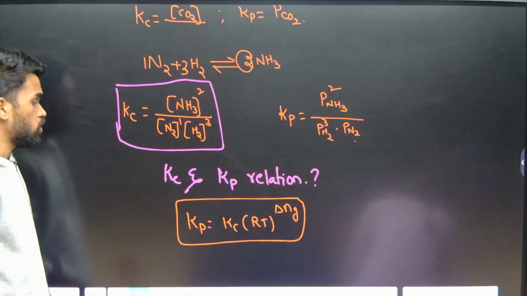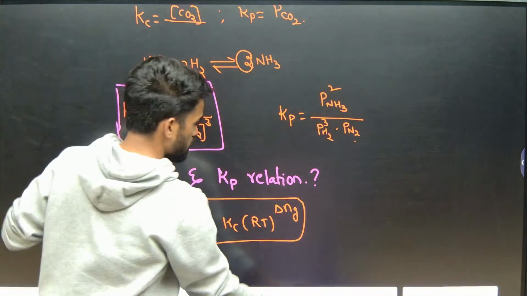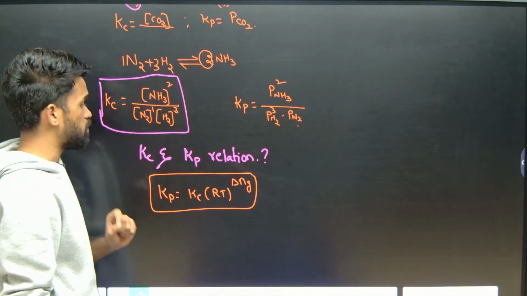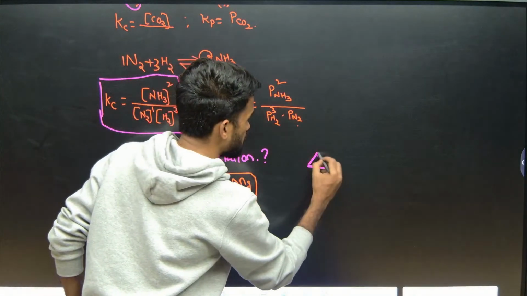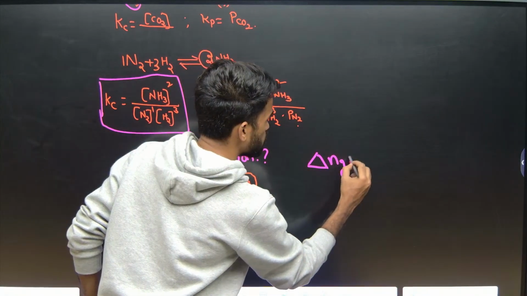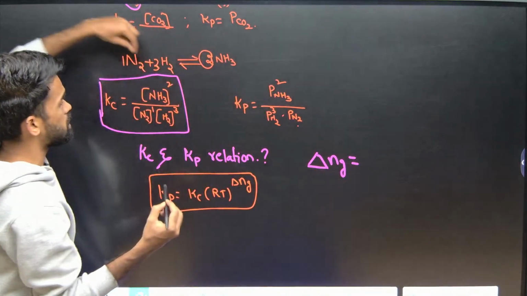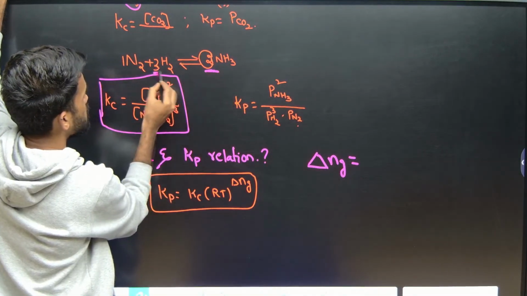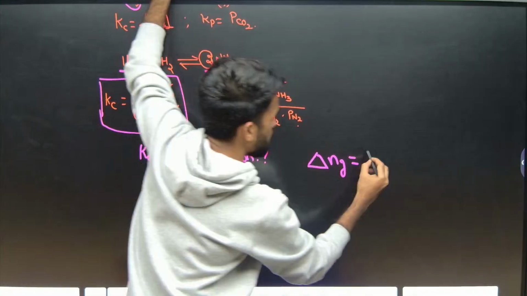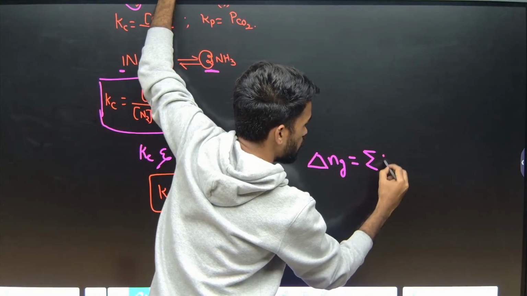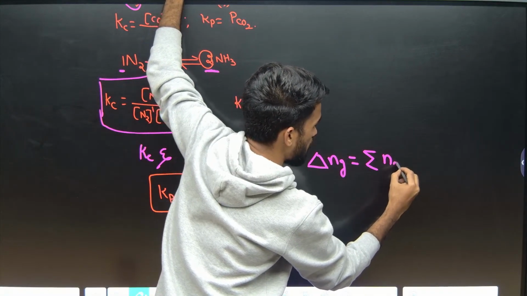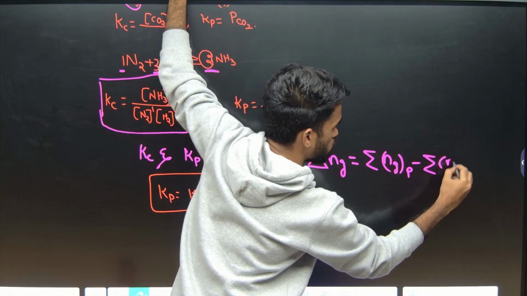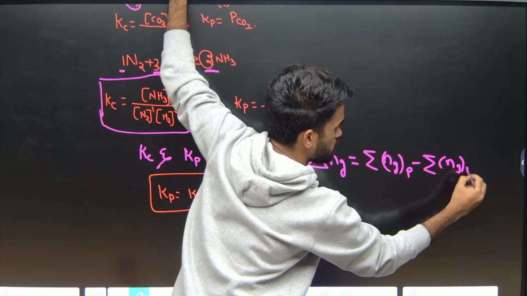So how can you calculate this Kp and Kc? Simple. If the reaction involves gaseous reactants or products, just calculate delta Ng. Delta Ng is very simple. Take the stoichiometric coefficients: for the product it is 2, and for the reactants it is 3 and 1. So you take the sum of stoichiometric coefficients of gaseous products minus the sum of stoichiometric coefficients of gaseous reactants.